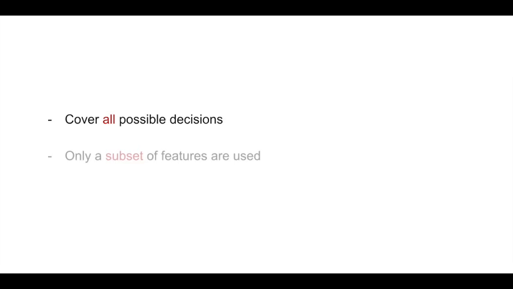Before we move on, it is important to highlight a couple of things about how the rules work. First, the set of rules describes all possible decisions the model makes. Second, the model may make decisions by using only a subset of the features that describe the object it receives as an input.